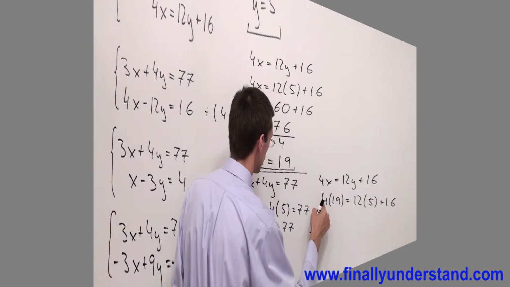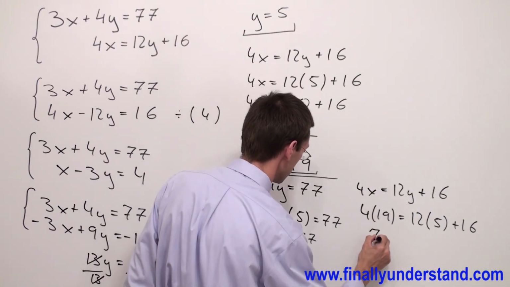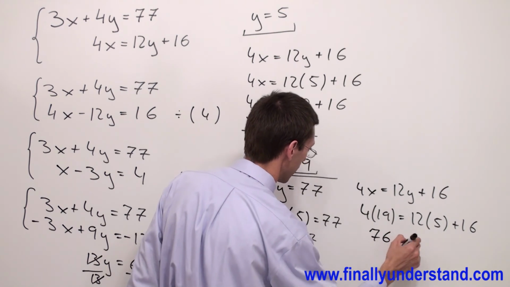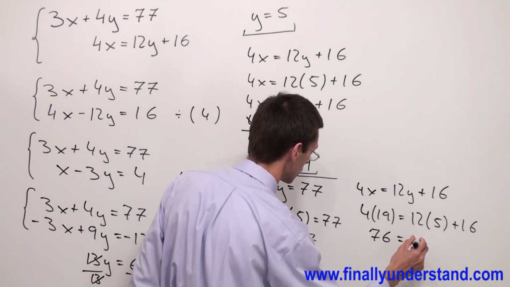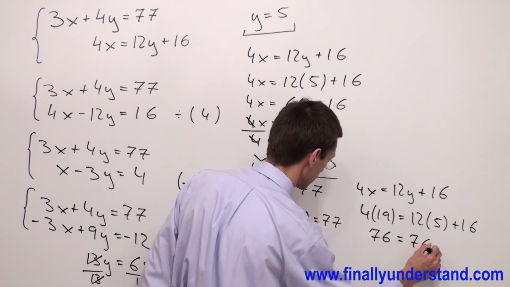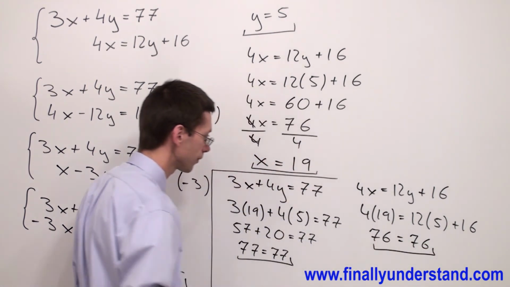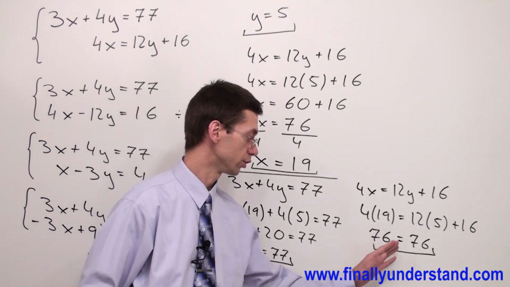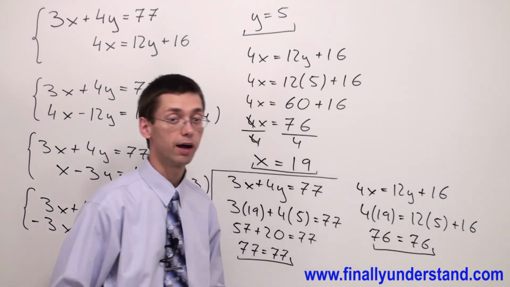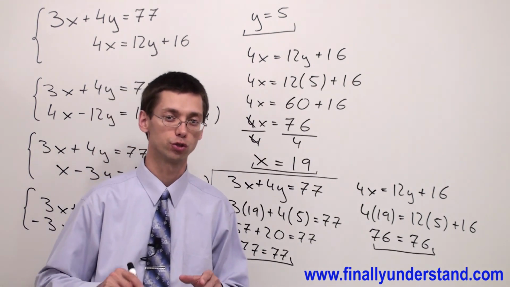So I have 4 times 19 is 76, and I have 12 times 5 is 60 plus 16 is also 76. Again, you can see that the left side of my equation is equal to the right side.